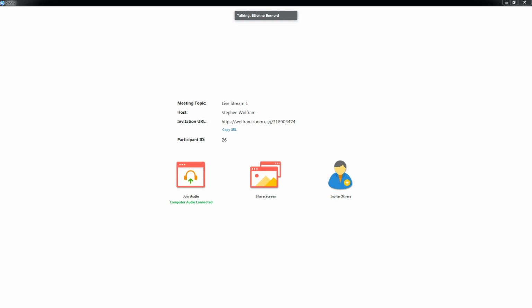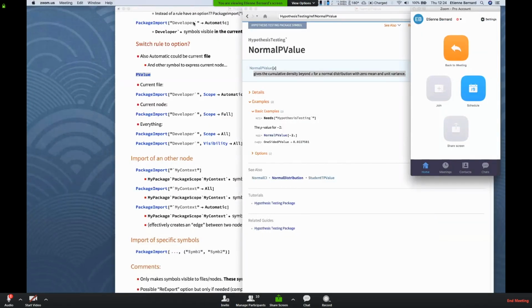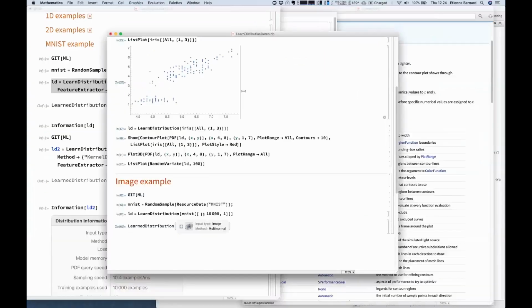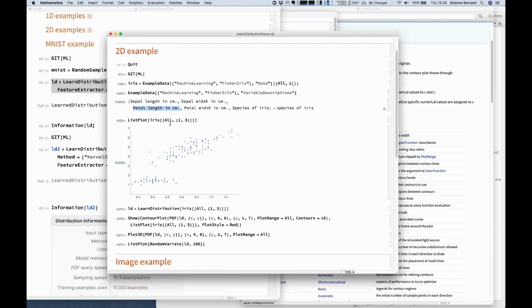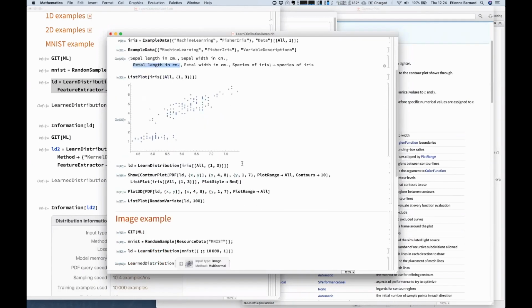I have something just to explain. Okay, maybe I can just share quickly. I'll just show quickly. I'm going to get just a 2D data set so we can visualize what's happening from the iris data set. So I'm going to take the sepal length versus the petal length, and here is the scatter plot.